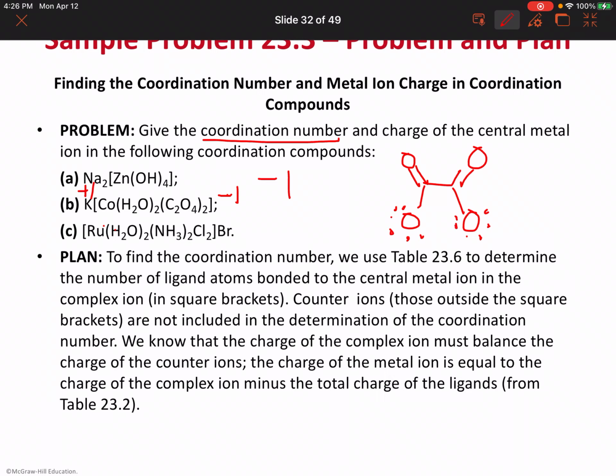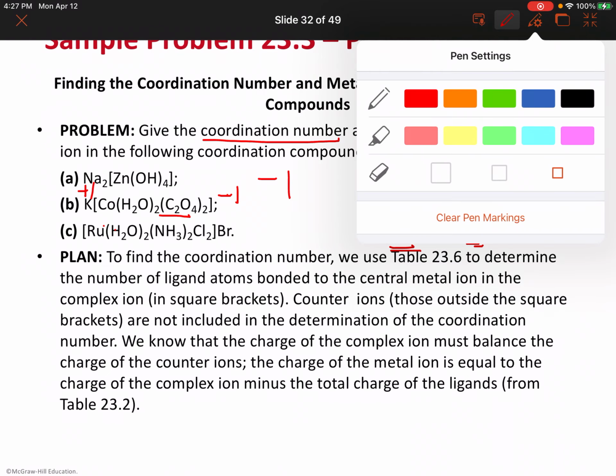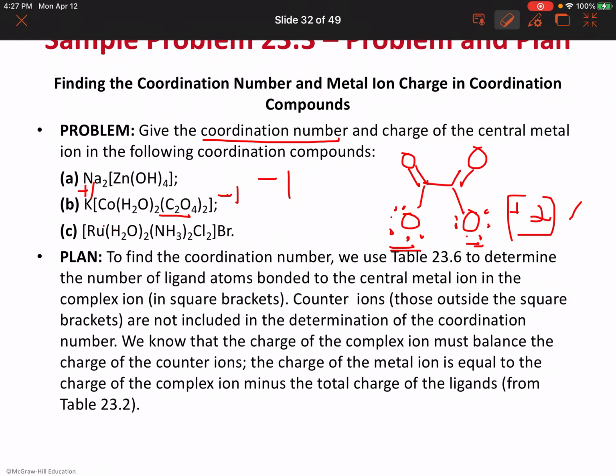That is these 2 oxygens. So each oxalate represents 2 coordinating sites because it's a bidentate ligand. So 2 coming from the oxalate, C2O4, and there are 2 of those.